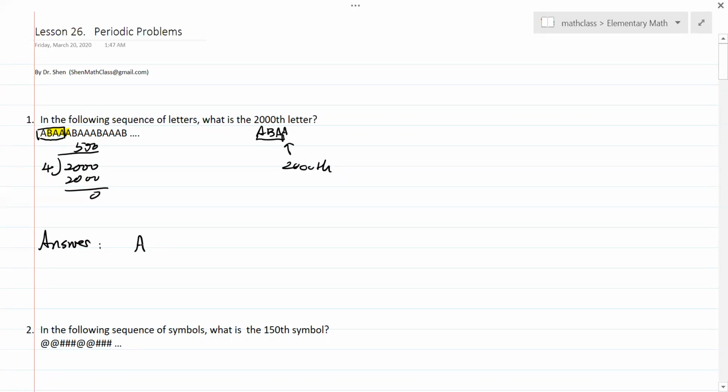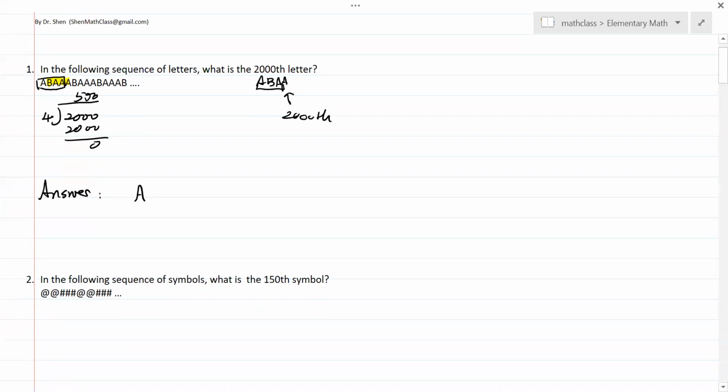It may be divisible, maybe not. If you have a remainder, you get a partial block at the end. Here 2000 is divisible by 4, so you have 500 complete blocks, and the last block contains the 2000th letter at the end of the block. Then you solve the problem.